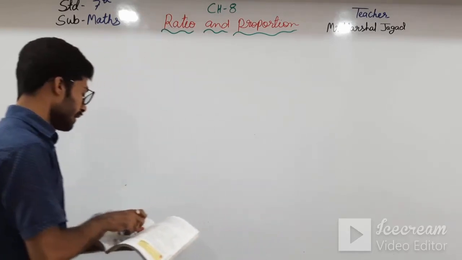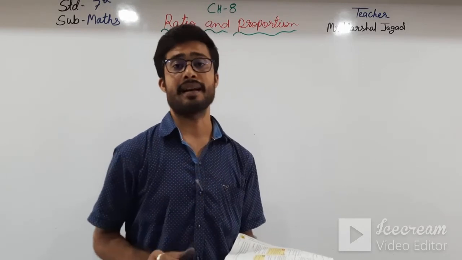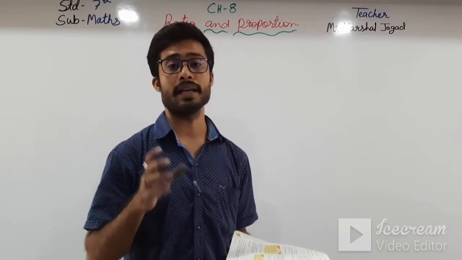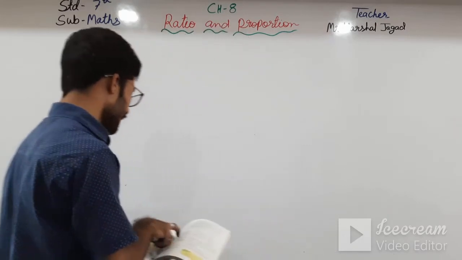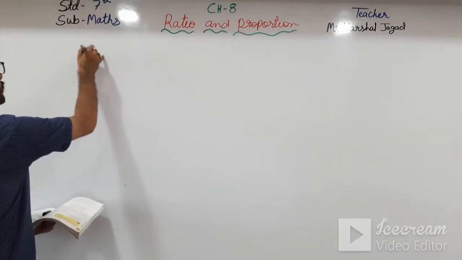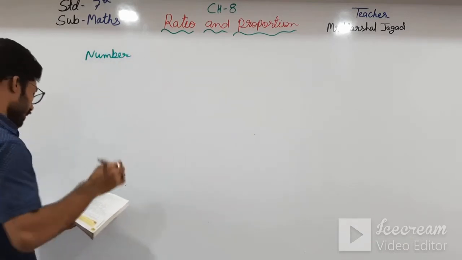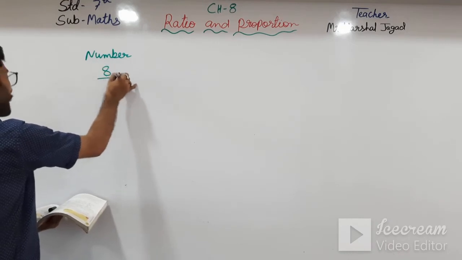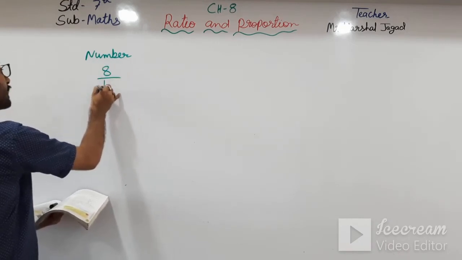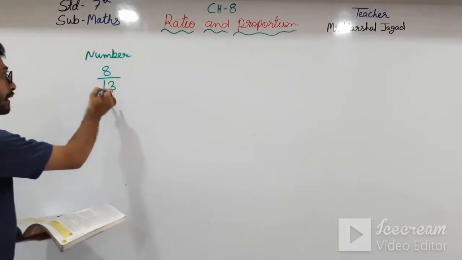So what they have given, we have seen in the starting video of this chapter that the units must be the same. Means the number of copies: 8 copies by 13 copies.